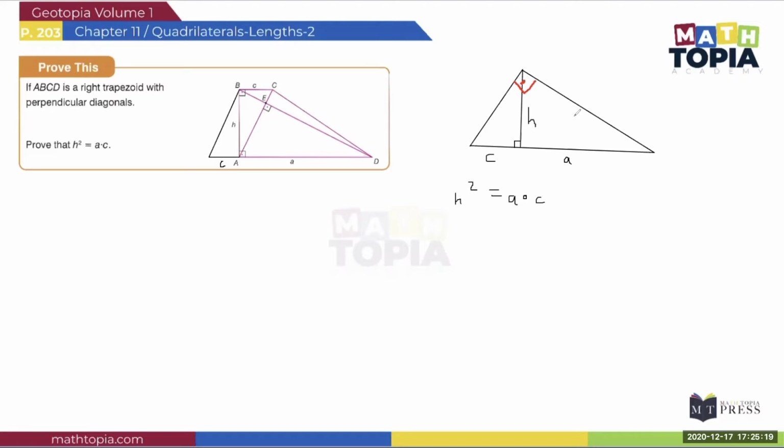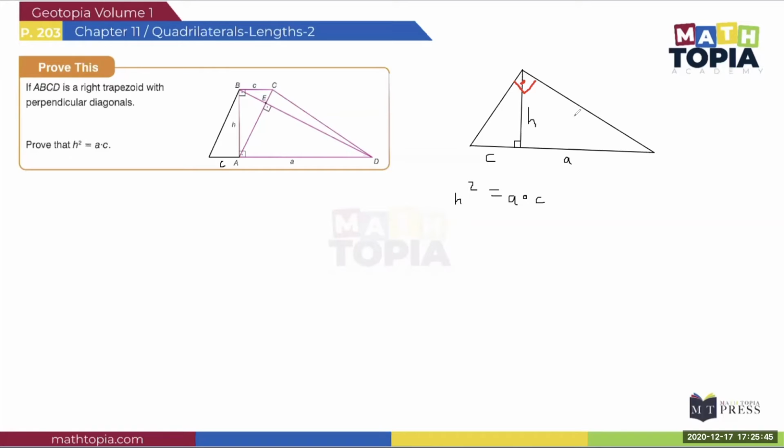What I notice here is that since this is c and this is c, that means they're equal. And since it's a trapezoid, these two sides are also parallel. Because there's a pair of sides that's congruent and parallel, it has to be a parallelogram. So these two also have to be parallel.